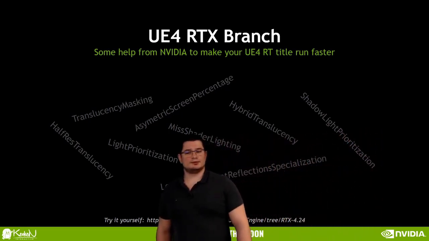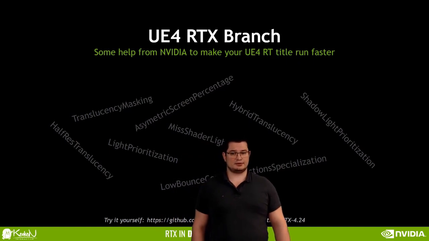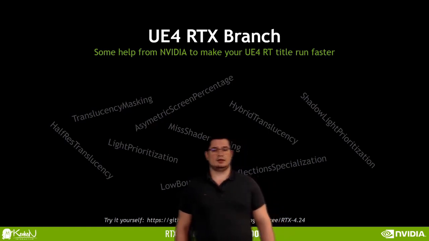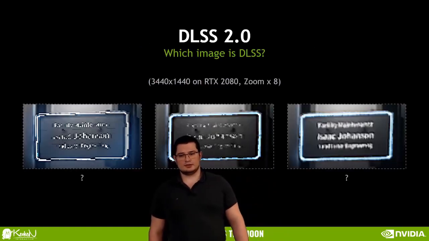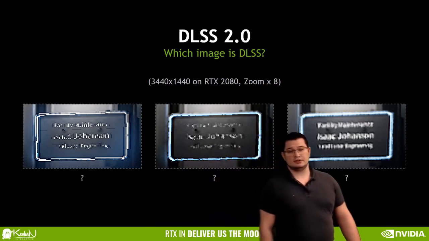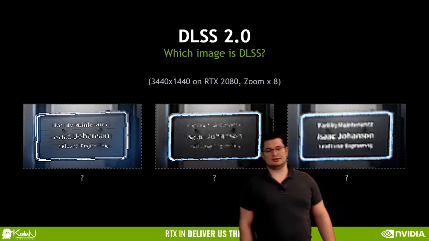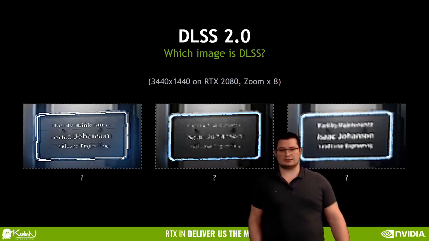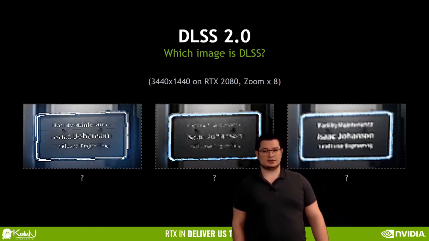Then another important part which played quite a big role in shipping Deliver Us the Moon is DLSS 2.0. So here's an example of three images, the same images, but with different anti-aliasing techniques. Are you able to guess which of those techniques is actually DLSS?